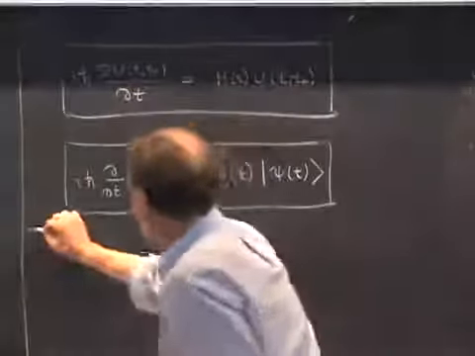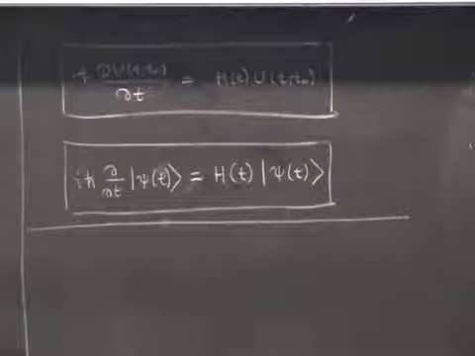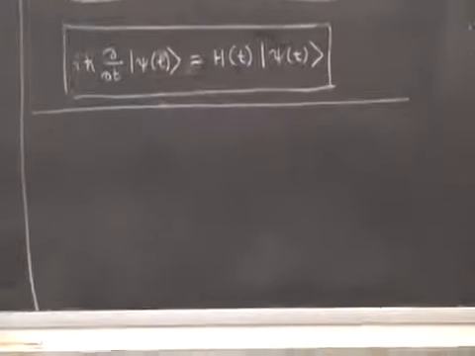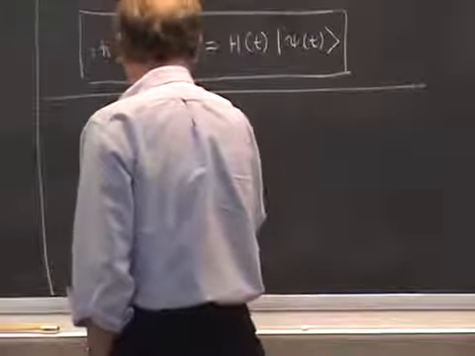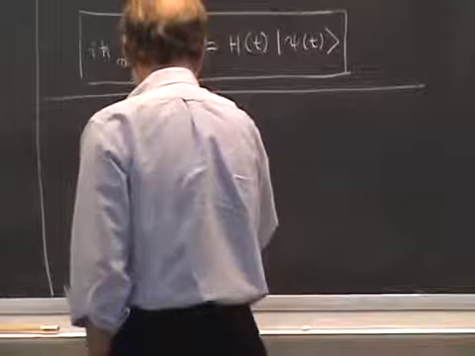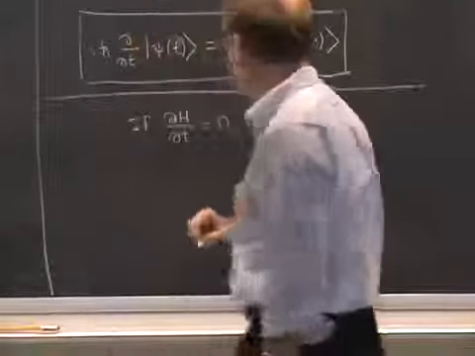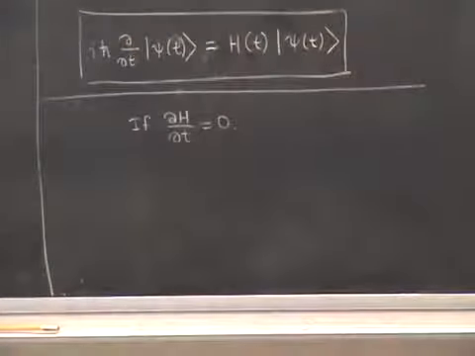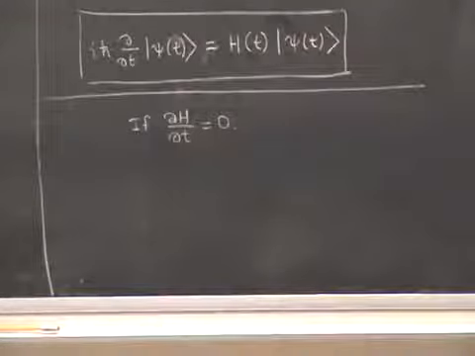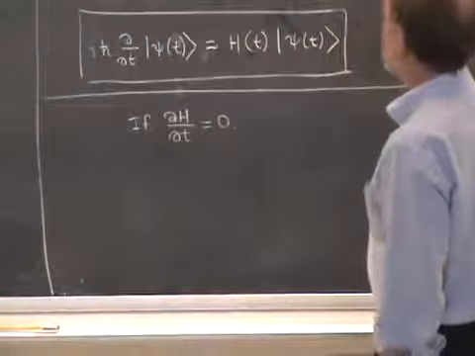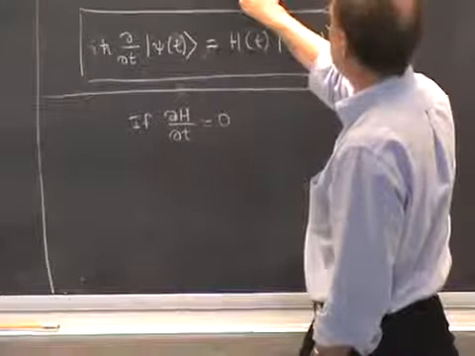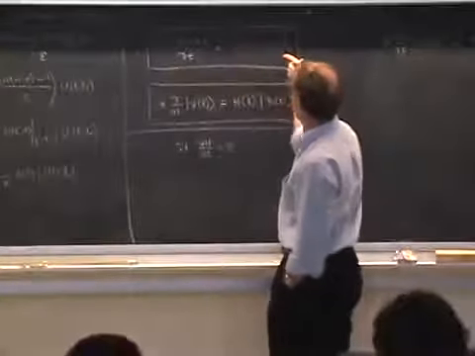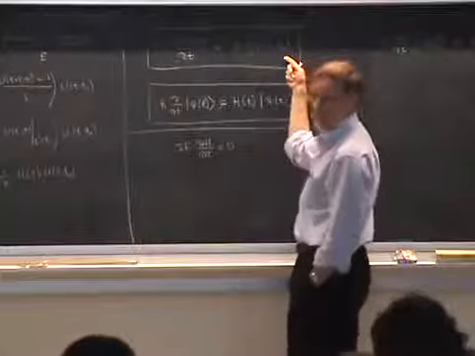Now, one final remark to make about this is to consider the special case in which the Hamiltonian is time independent. Let's write it this way: if dH/dt is equal to 0, meaning the Hamiltonian has no explicit time dependence, then there are some simplifications. Because in that case, if H doesn't depend on time, then this differential equation is easy to integrate.